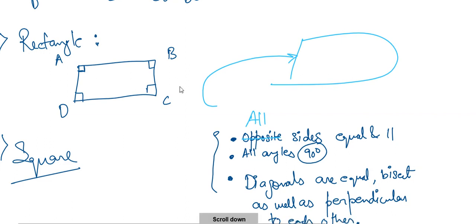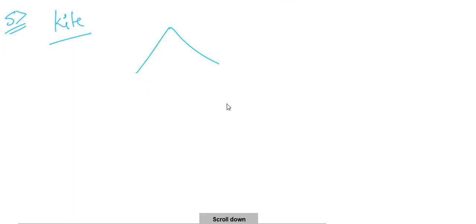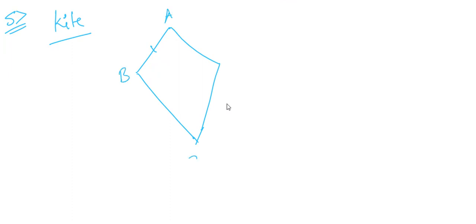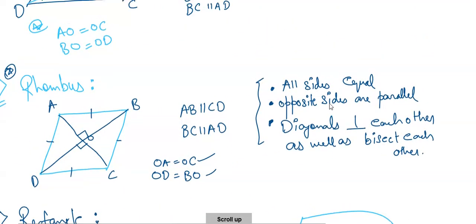So that is square, and another special polygon is our kite. This is basically a kite-like figure, as you've already understood, wherein if I label A, B, C and D, it's special. They are not opposite sides being equal and parallel.